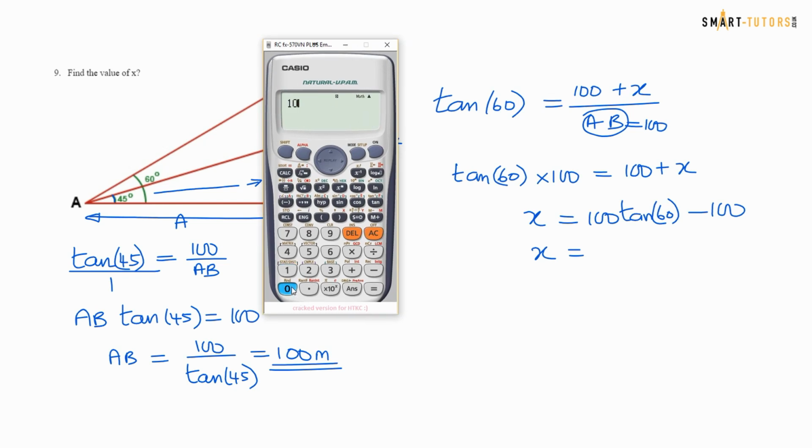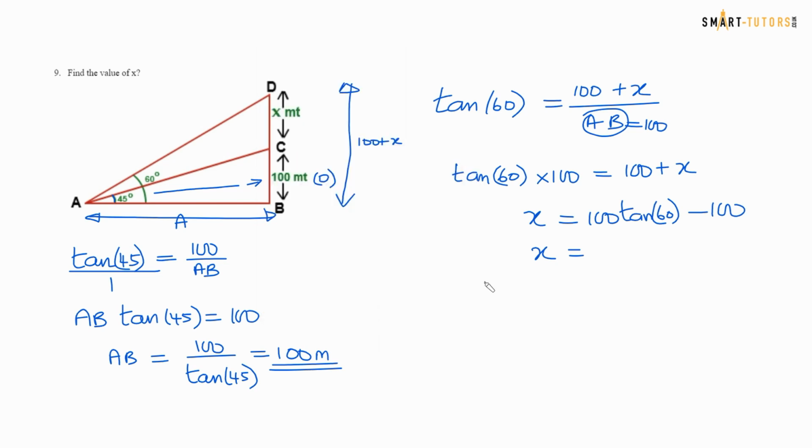So we can say x equals 100 times tan 60 minus 100, which is 73.21 meters. So that is the answer for question number 9.